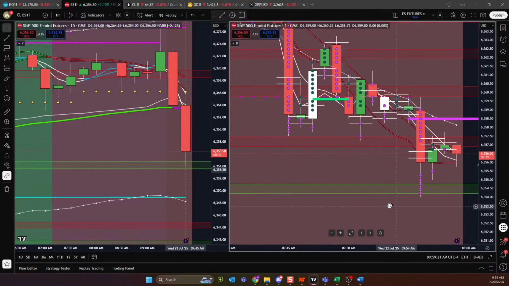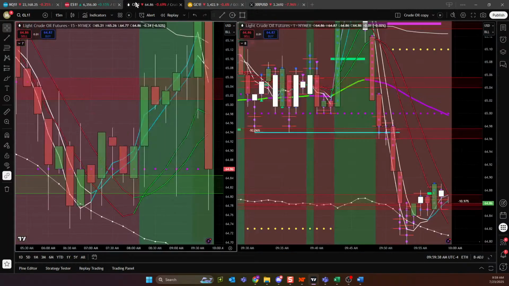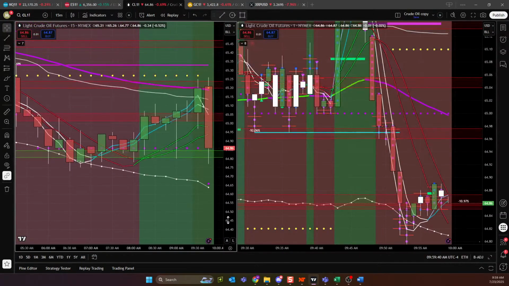If you don't have the zone, you're below that outer band right now. If it pulls back up to this HVA, that's a good spot to try the short from the strong side of the triggers to get back, as long as you have strong triggers on the small chart. If you're a crude oil trader, it's up, but my small triggers are down.